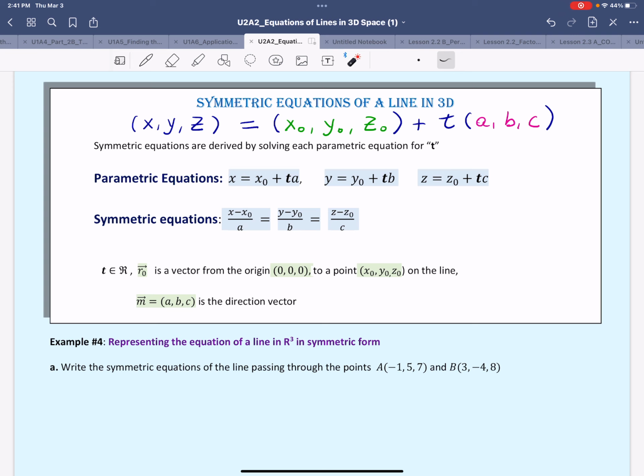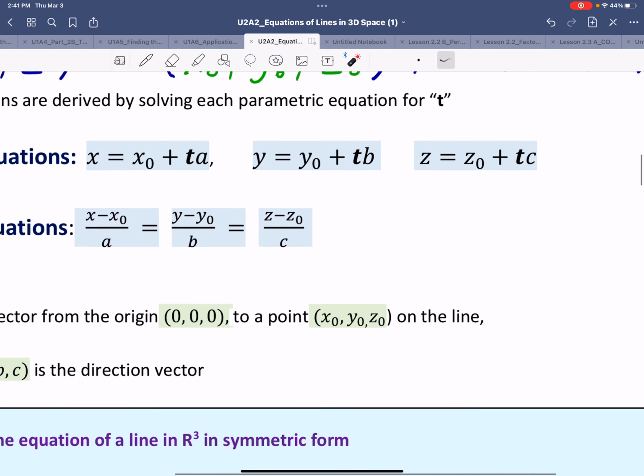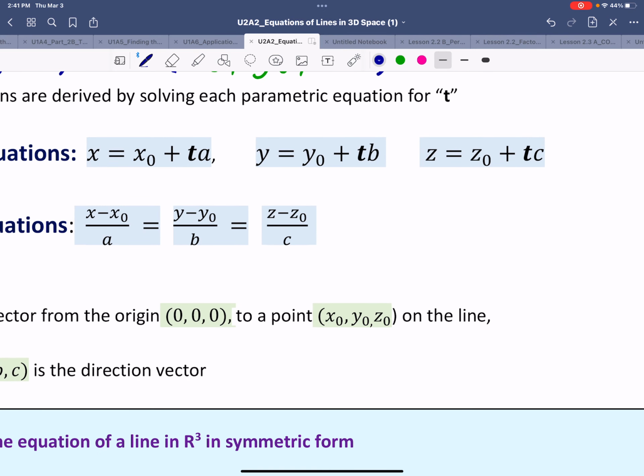Now, in this lesson, we are going to learn how to build what we call symmetric equations. Symmetric equations are built based on parametric equations. So we are solving each parametric equation for t. I'm just going to do the first one. So x minus x0 would equal ta.